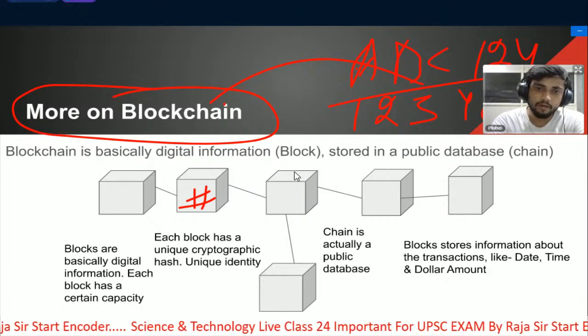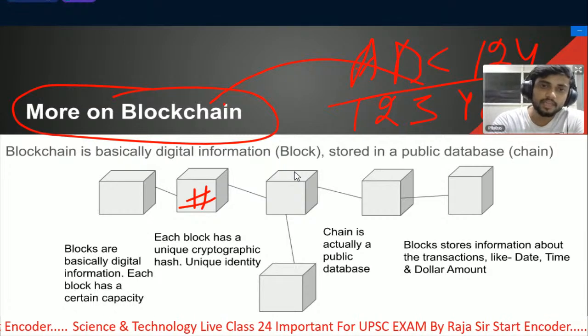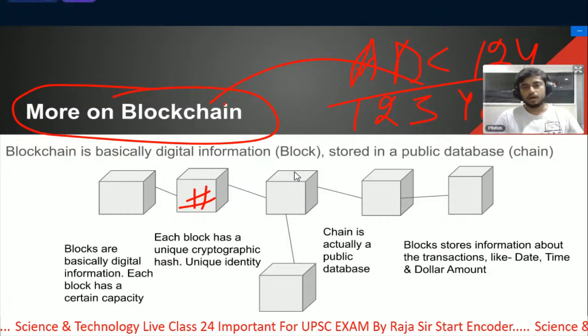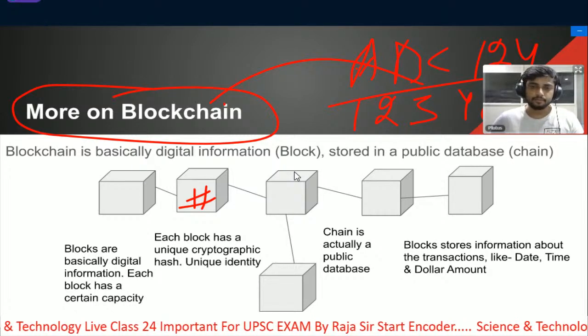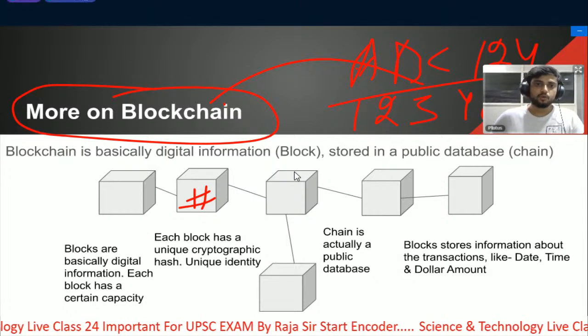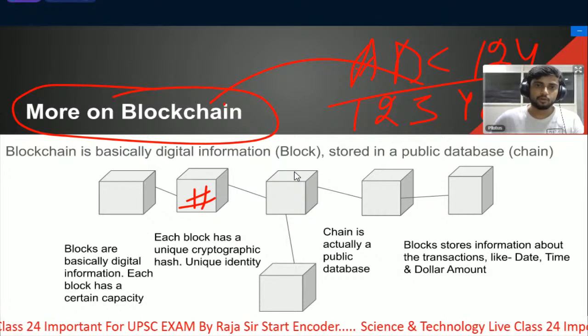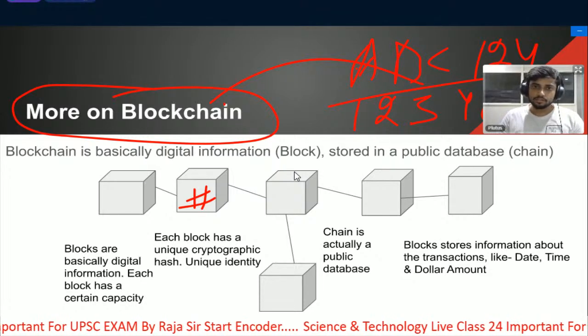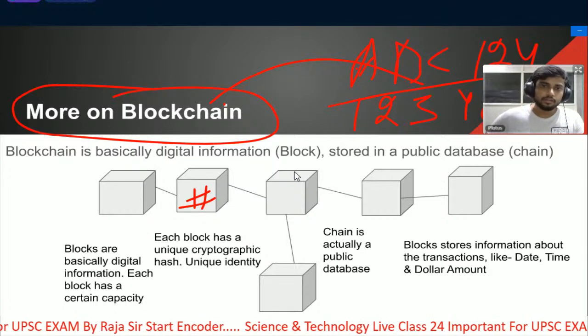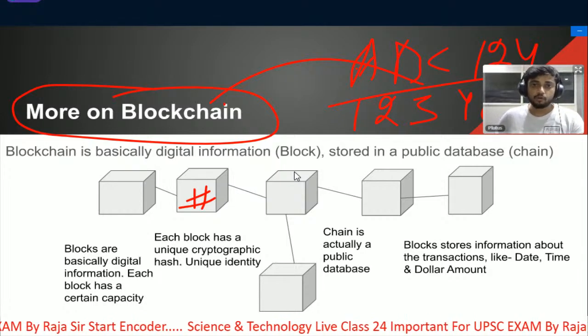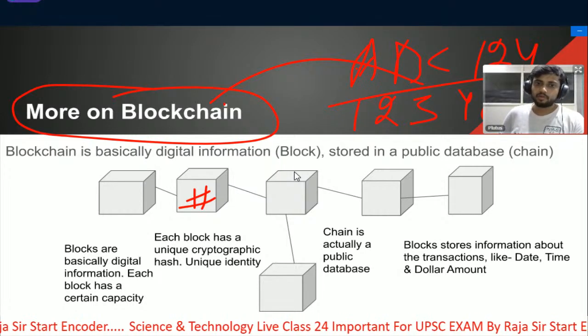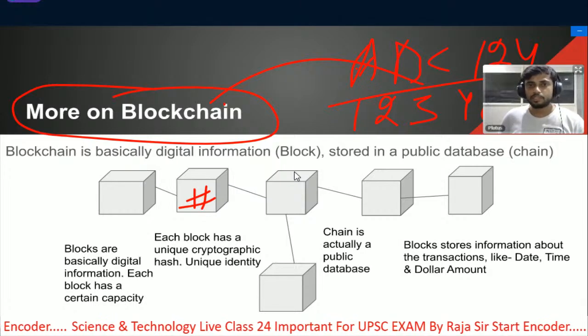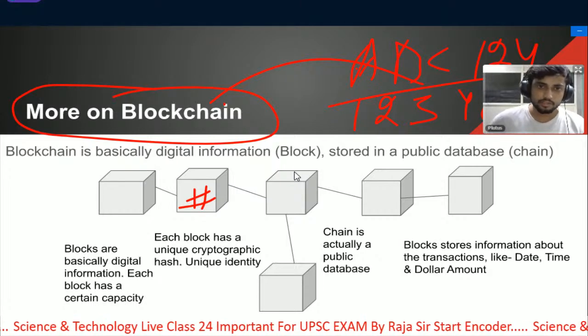You need not give the examiner the message that you are a software engineer or someone who has done a diploma in blockchain technology. You have to write answers in a generalistic way. The questions will be part of the general studies question paper, so only this much information is relevant.